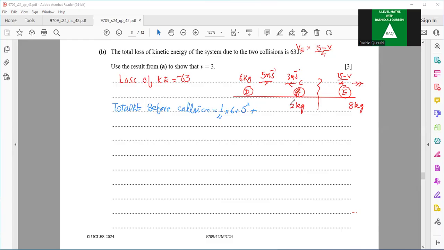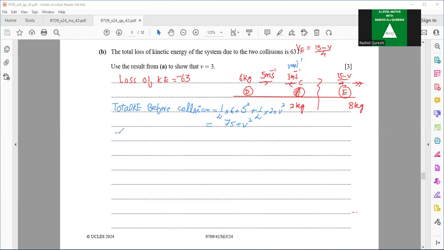Plus the particle C, which is 2 kg, its velocity is V meter per second, so half times 2 times V square. Am I right? After simplification, I will get 3 times 5 square, it becomes 75 plus V square, if I'm not wrong.